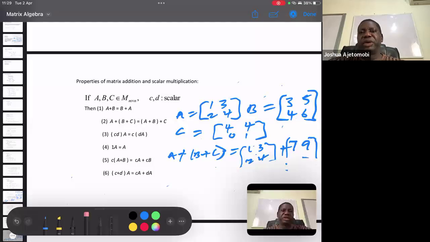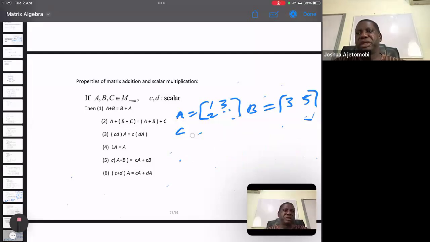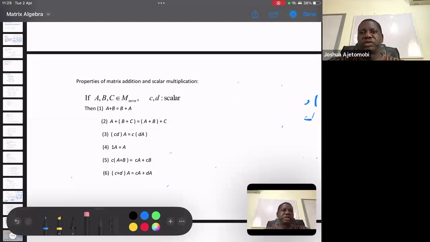So it's just like when we're multiplying our numbers by 1 when we are dealing with integers. So this is what we are saying here. So let us look at it. Let's pick an example to illustrate what I'm trying to say here.